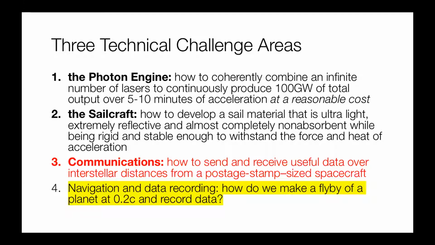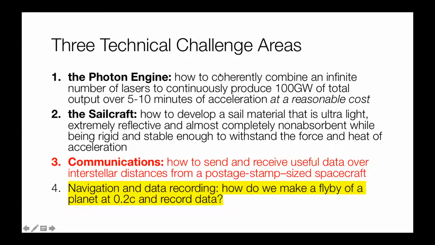And I'm not going to talk more about these 2 areas because I already think I have over an hour of stuff to talk about. But there has been a lot of work on both of these areas. The photon engine work is led by Wes Green, who is in Colorado, and it has involved a number of groups all around the world.